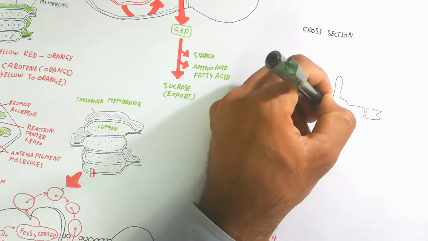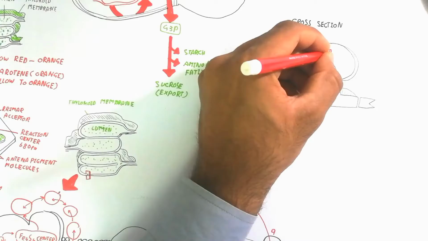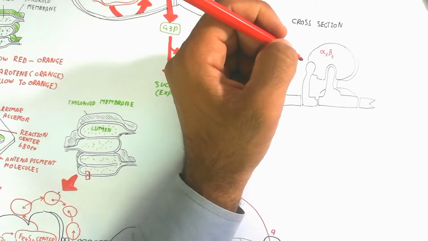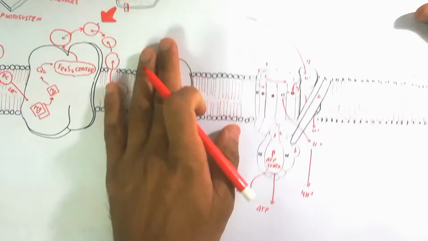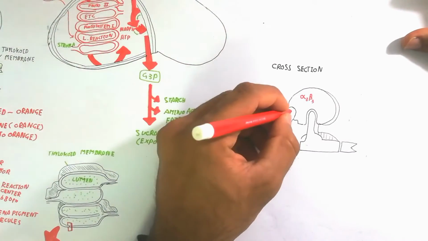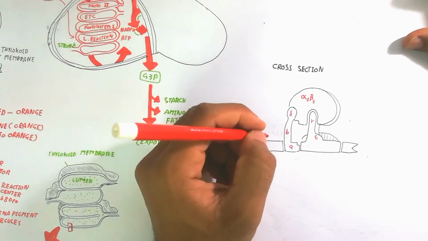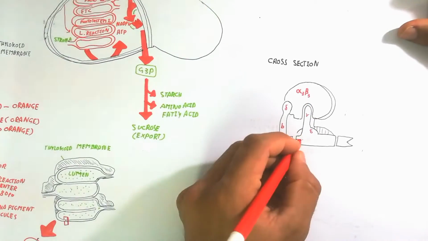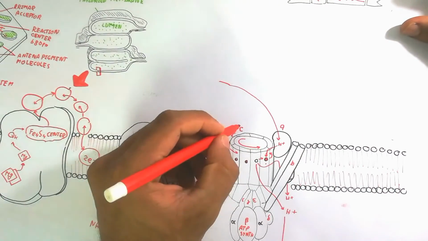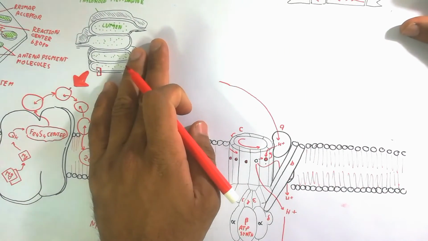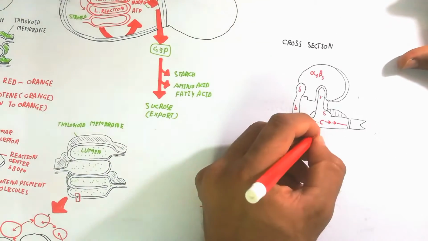So the beta subunit is used for the ATP synthase enzyme, which is used for ATP synthesis. Here is the cross section, which has alpha to eta and beta to eta subunits, the upper part, and here are the C side and A side as well as the B side. The B side is elongated to where it is interconnected with the delta ATPase, the stator side.